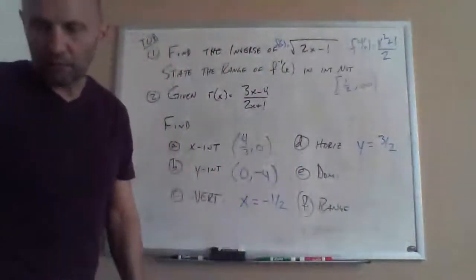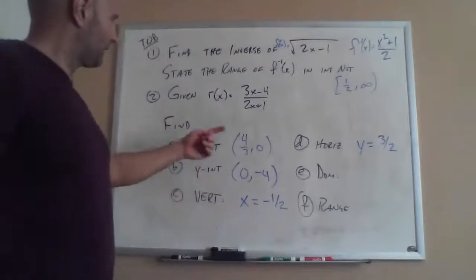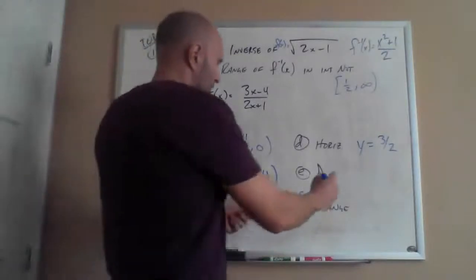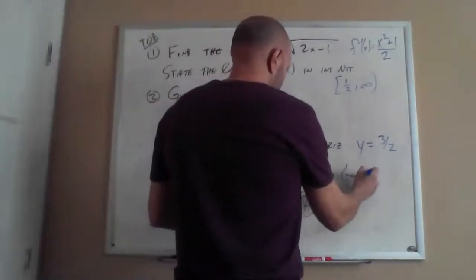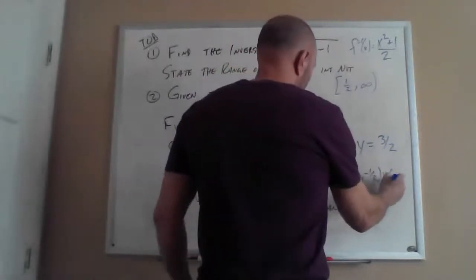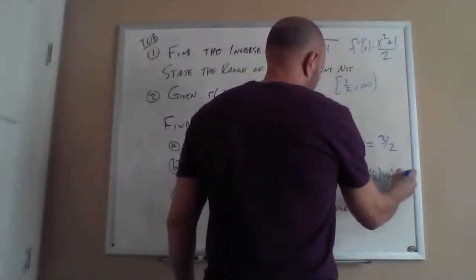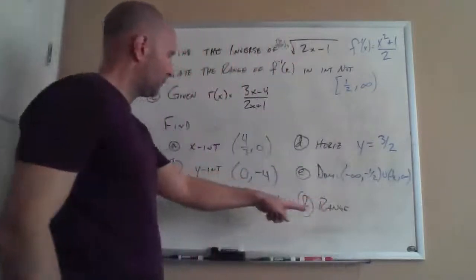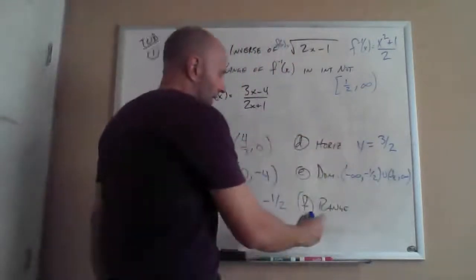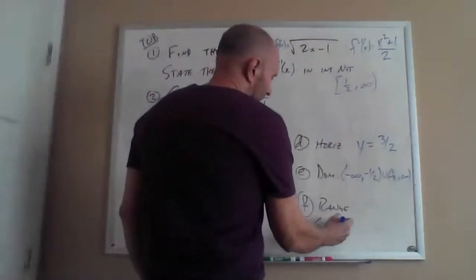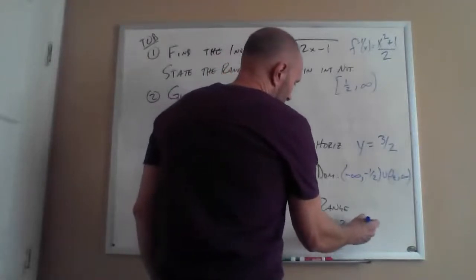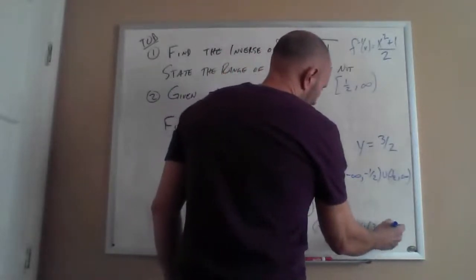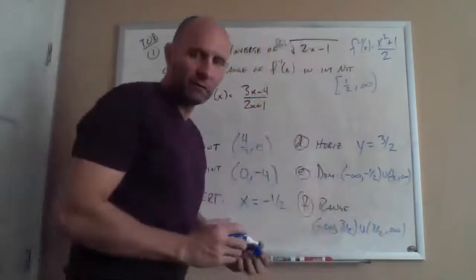And then the domain, again, everything but the vertical asymptote. So it's negative infinity up to -1/2, union -1/2 up to positive infinity. And the range is everything except the horizontal asymptote. So negative infinity to 3/2, union 3/2 up to positive infinity.